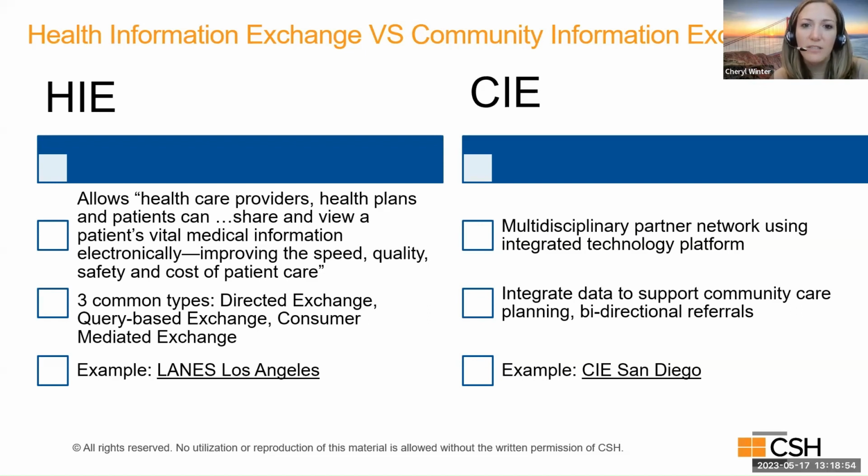An example of this type of exchange is in San Diego. I've included links to both LANES in Los Angeles and the CIE in San Diego in case you are interested in understanding more about how you could better coordinate with healthcare providers and other community-based providers in your region.